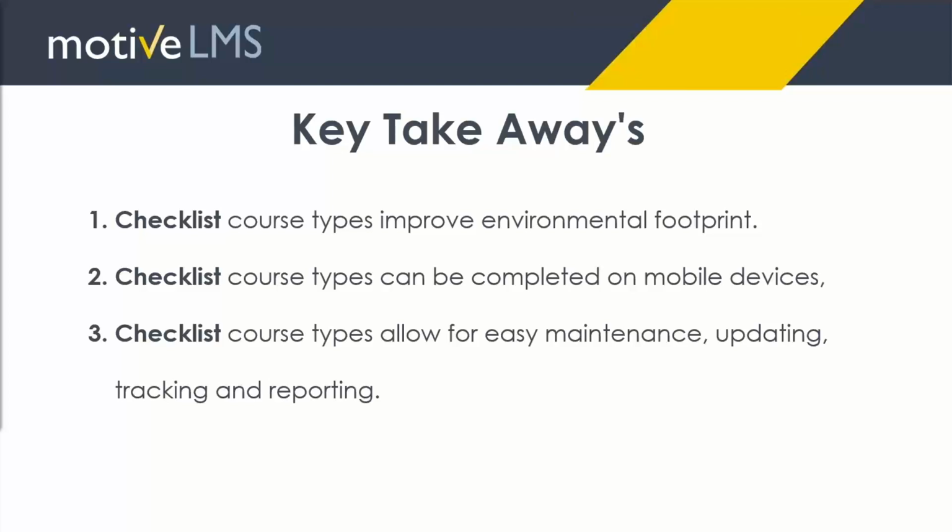Checklist course types can be completed on any mobile device. And checklist course types allow for easy maintenance, updating, and tracking and reporting. So again, the checklist course type makes it electronic, and it allows for a little easier maintenance within the LMS itself.